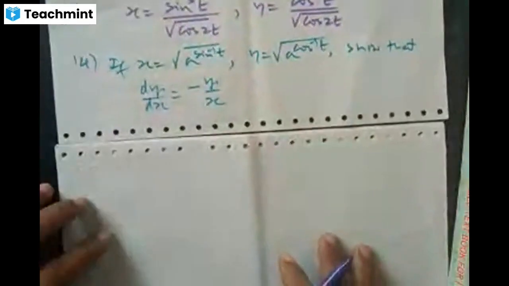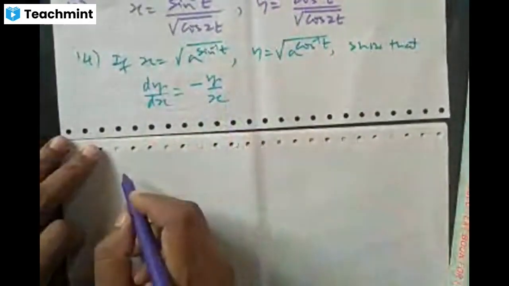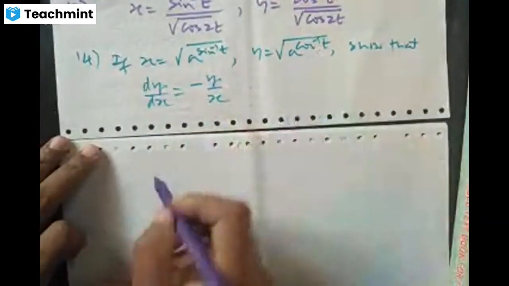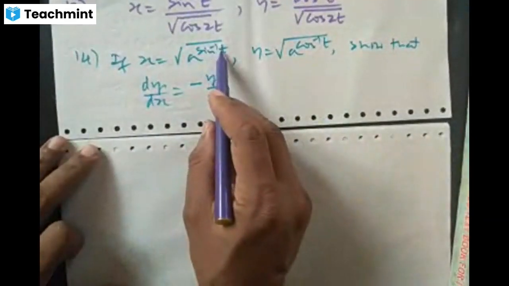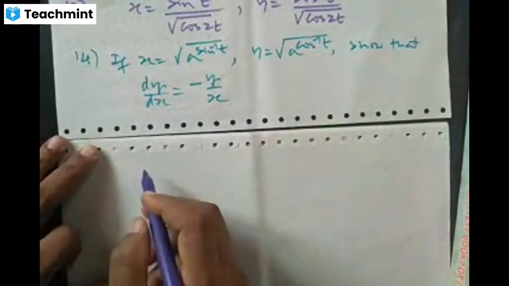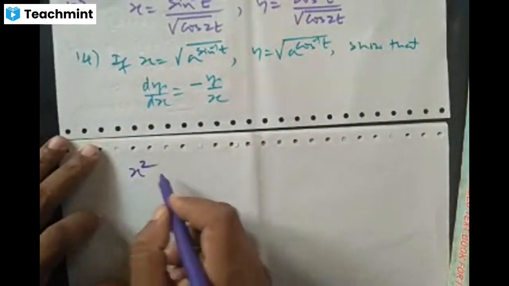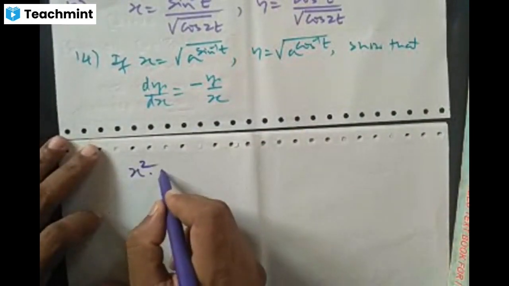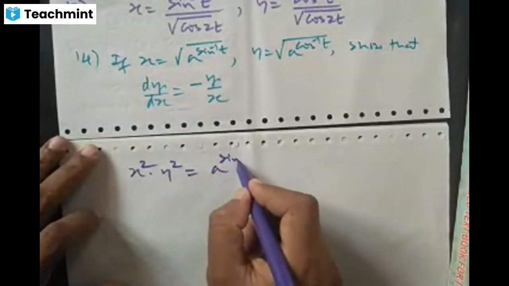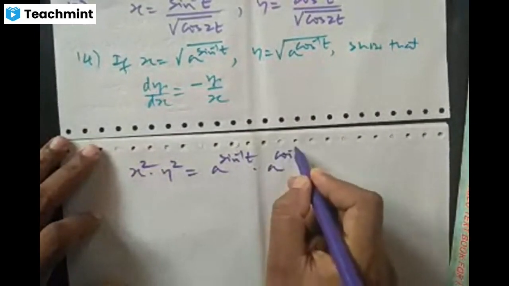So to show that dy by dx is minus y by x, you can eliminate t here, because we know that sine inverse t plus cos inverse t is pi by 2, right? You can use that. You just take x square into y square. x square is a power sine inverse t, y square is a power cos inverse t.